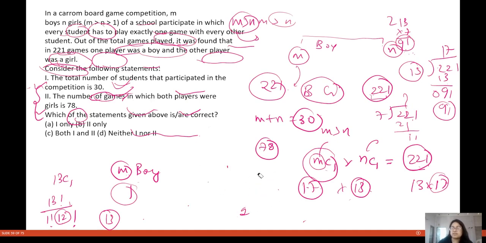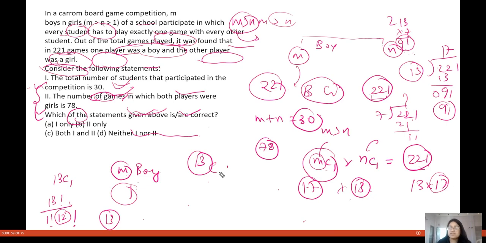Now let us look at the second statement. The second statement is saying the number of games in which both players are girls. The number of girls is 13, and each player has to play exactly one game with every other student.